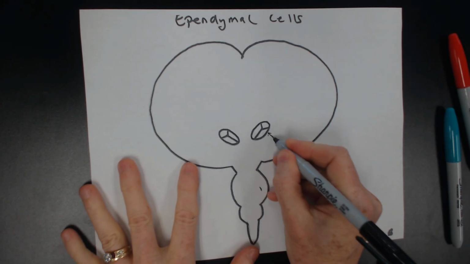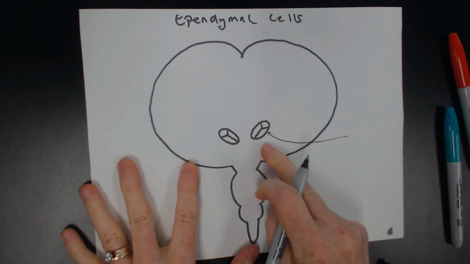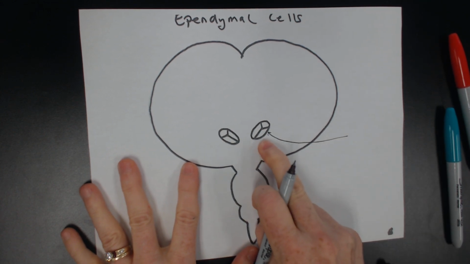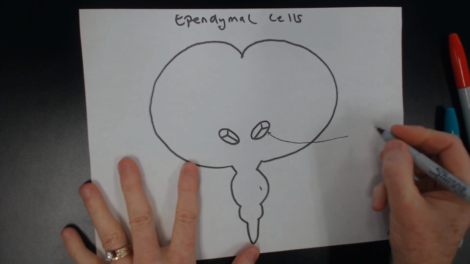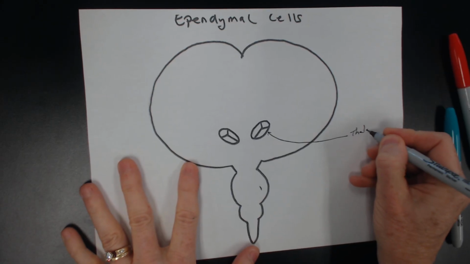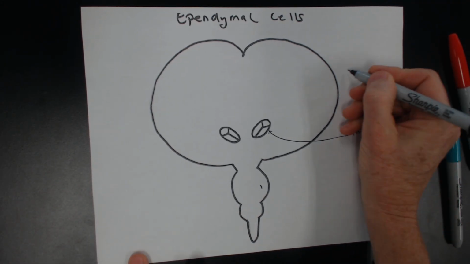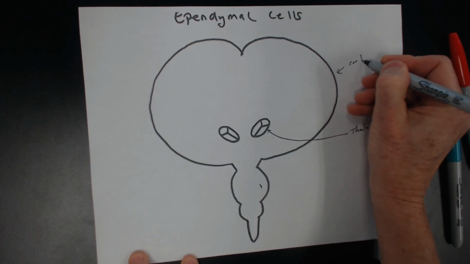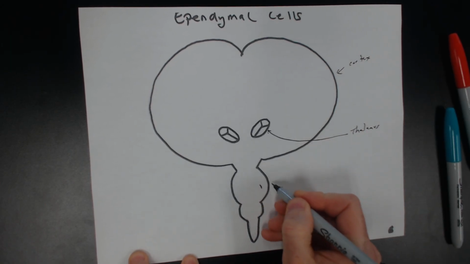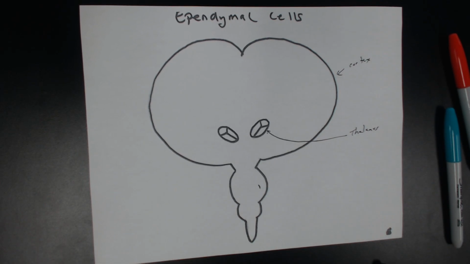So if I had to say these are nuclei involved in relay of somatosensory information, does anybody remember what these are called? Yeah, thalamus. One's a thalamus, two thalami. Okay. Then you have your cortical region, so your cortex. There's your midbrain, your pons, and your medulla.